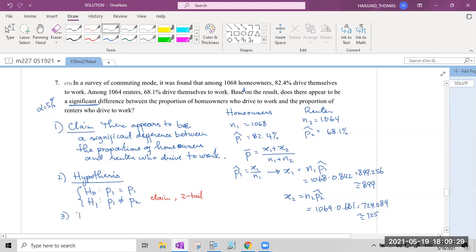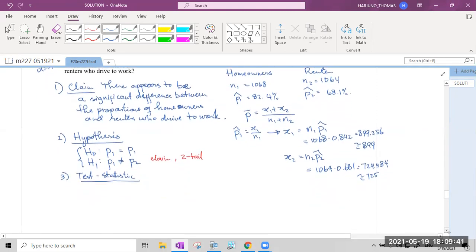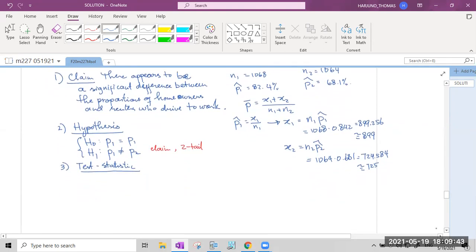Step 3, test statistic. I already have the P1 hat, P2 hat, so Z equals P1 hat 0.824 minus P2 hat 0.681 minus P1 minus P2, that's 0, over the square root of, now I need P bar, Q bar.